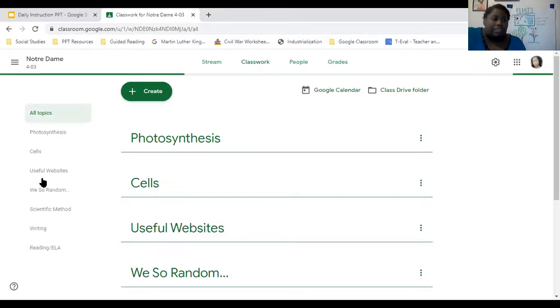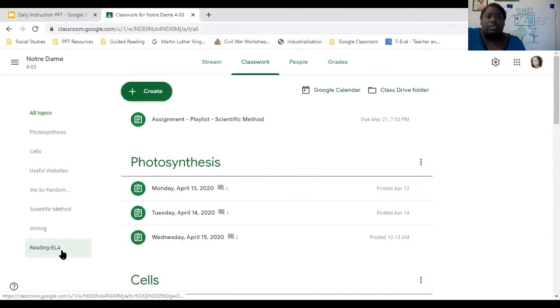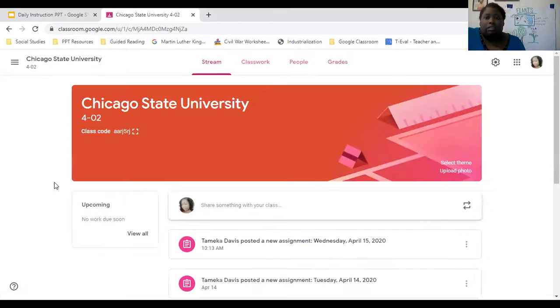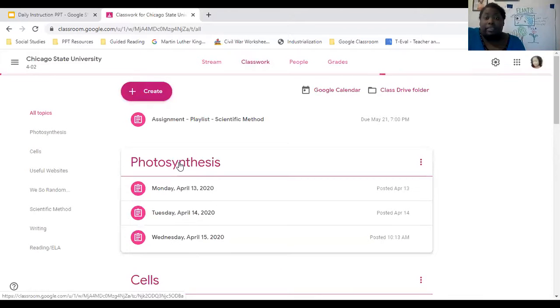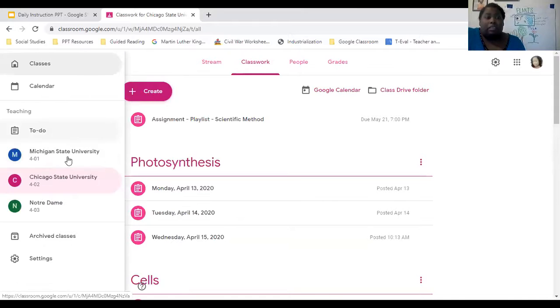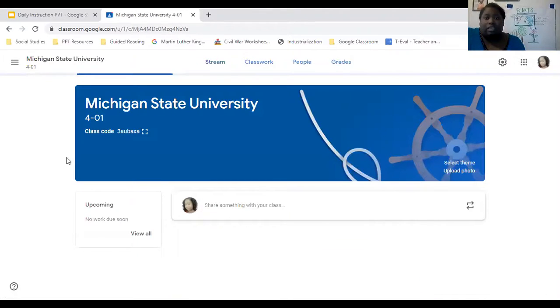All of your topics are over here to your left. So you will look for the topic photosynthesis, and you will look for today's date. Same thing in Chicago State University: classwork tab, look for today's topic, look for today's date. And then same thing for Michigan State University.